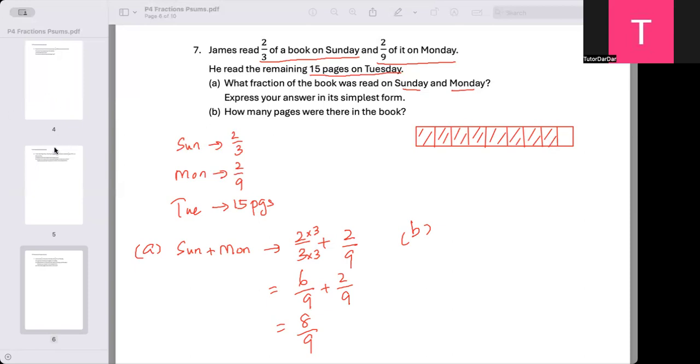So now, as you can see, this 8 unit is going to be Sunday and Monday.